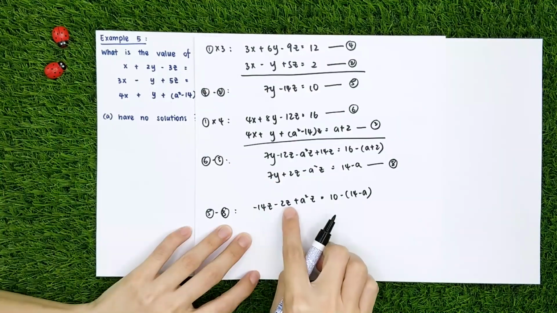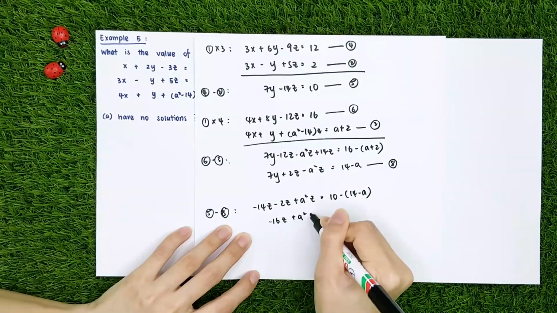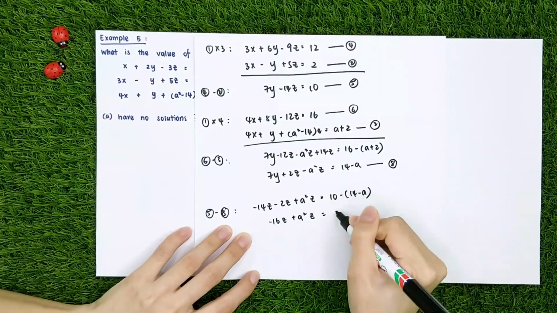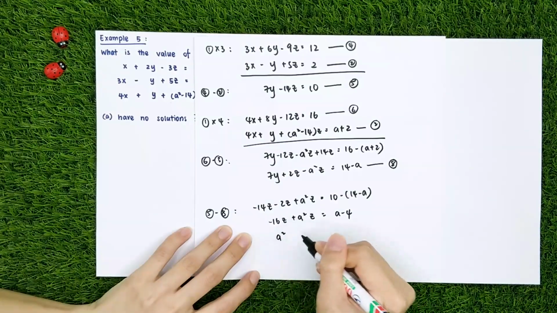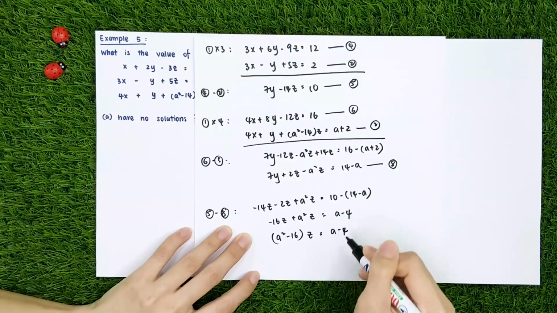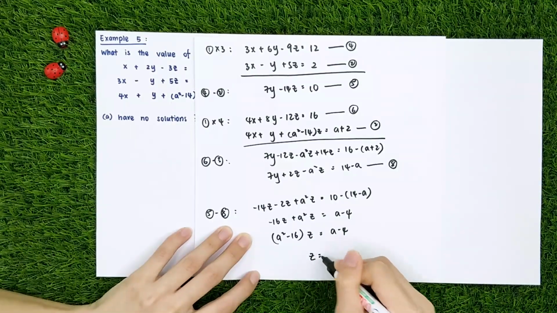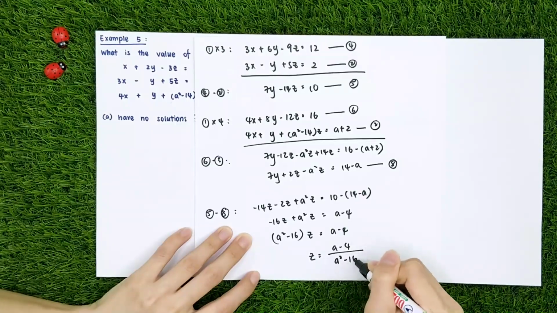Minus 14z minus 2z, I will get minus 16z plus a squared z equals to a minus 4. I rearrange it, I will get a squared minus 16 z equals to a minus 4. So I will know the z value is a minus 4 over a squared minus 16.